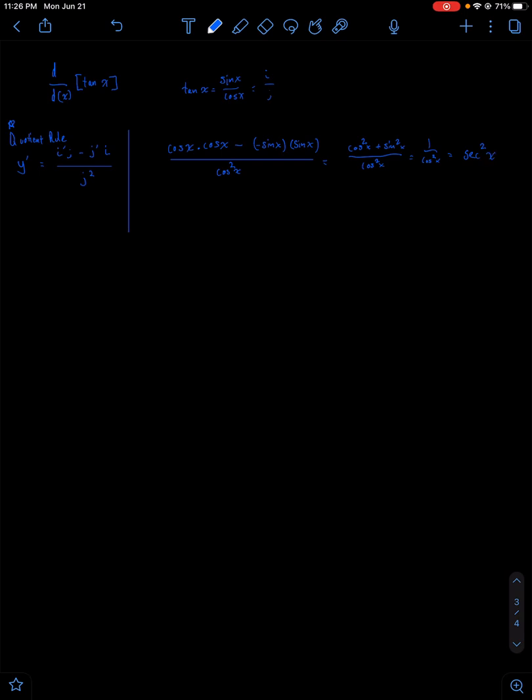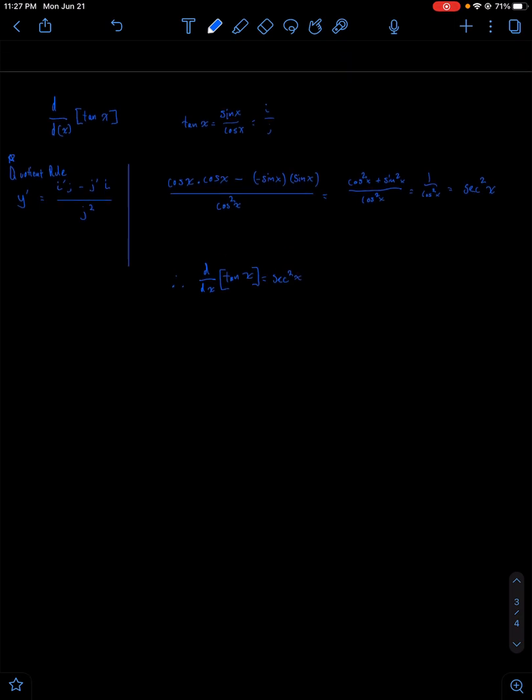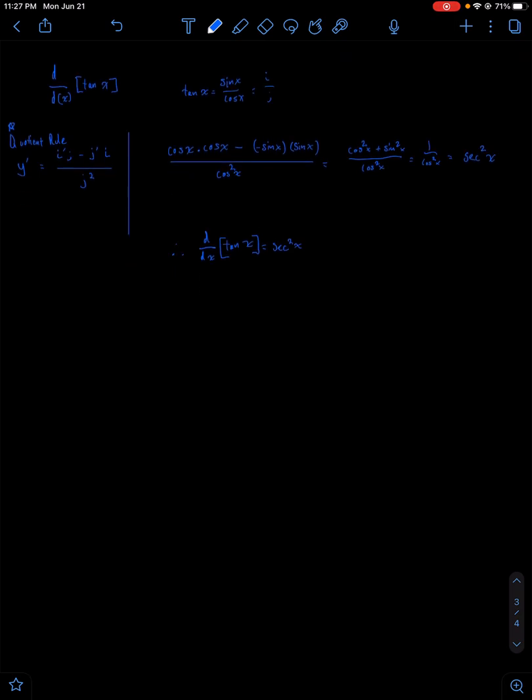And so, therefore, our derivative of tangent of x is equal to secant squared x. Now we can do a similar thing for cotangent of x using the quotient rule.